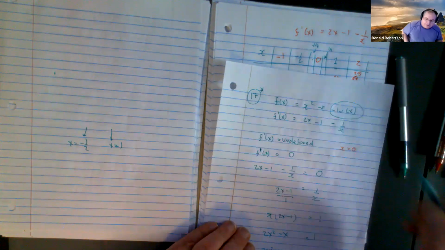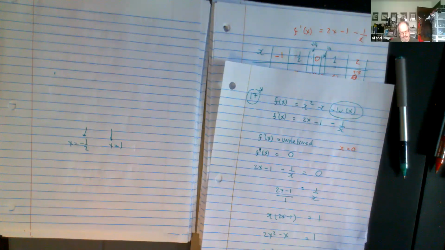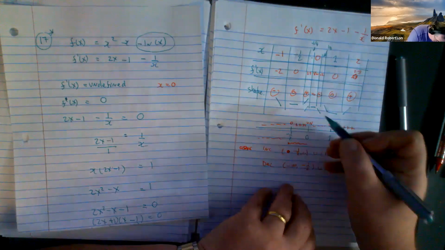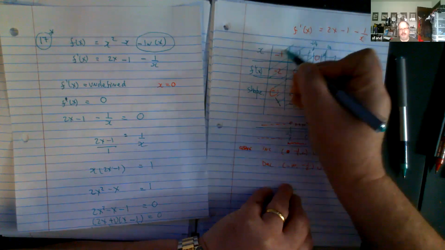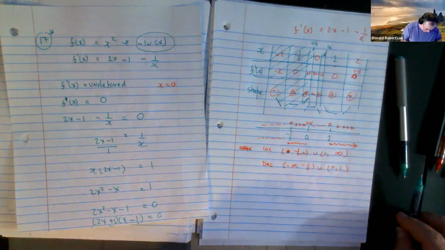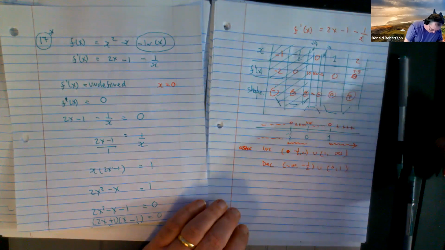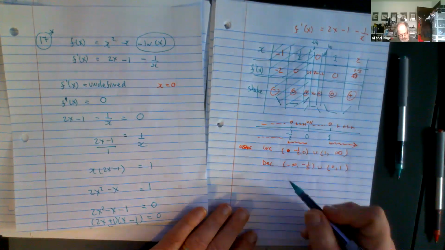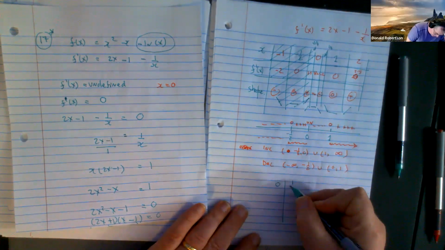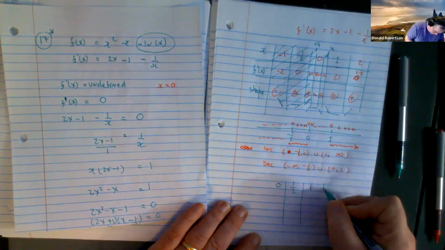Remember the original function? The log of x doesn't exist everywhere. You can't get logs of negative numbers, which kind of means that this side of the table doesn't even exist, which means that my answer to increasing and decreasing only uses this table. 0, 1/2, 1, and 2.